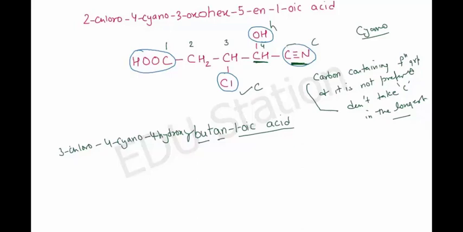A very typical name which can come in exam can be like this. So you have H, C double bond O, CH2, C double bond O, CH2, C double bond O, OH.